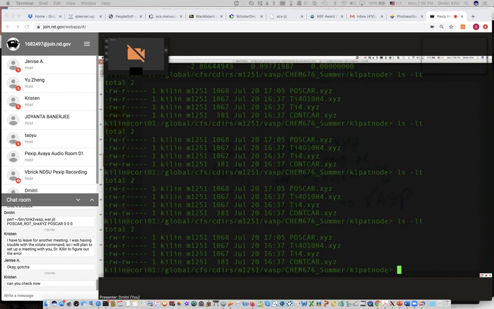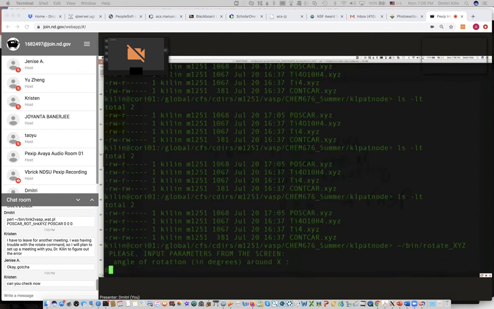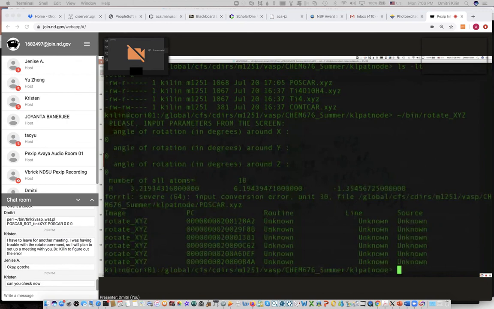So rotate xyz, and then 0 enter 0 enter 0 enter. No, it gives an error. Okay, I'll fix it. Just a second.